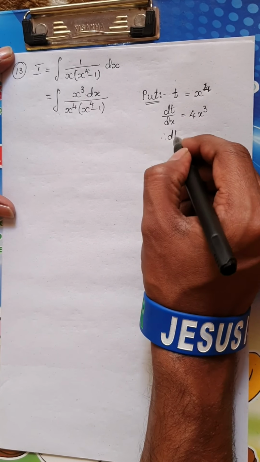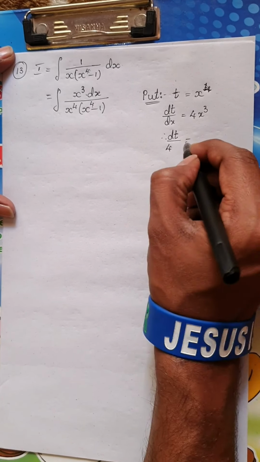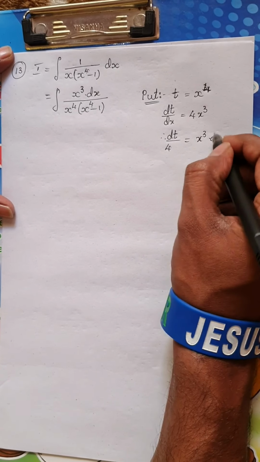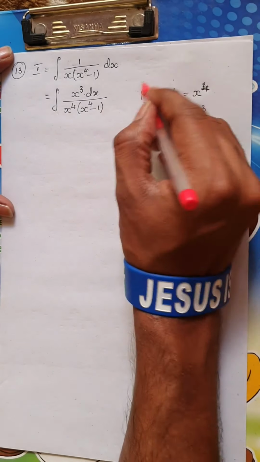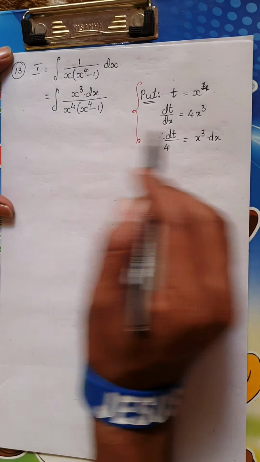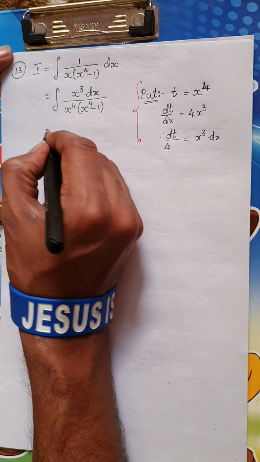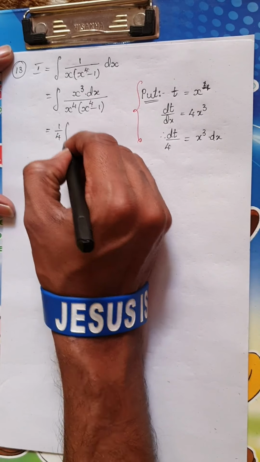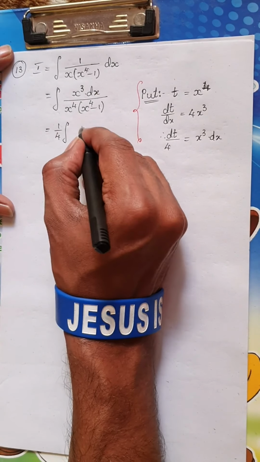So, making some arrangements, you get dt by 4 is nothing but x cube into dx. Okay. So, this is the substitution part. Now, as usual, I have dt by 4. This can be written as 1 by 4 outside, numerator is simply dt.